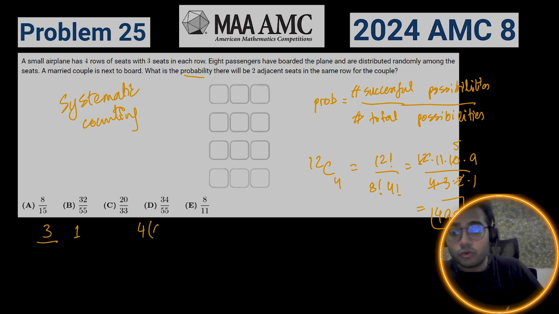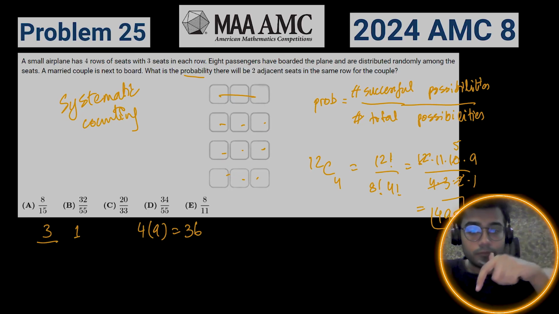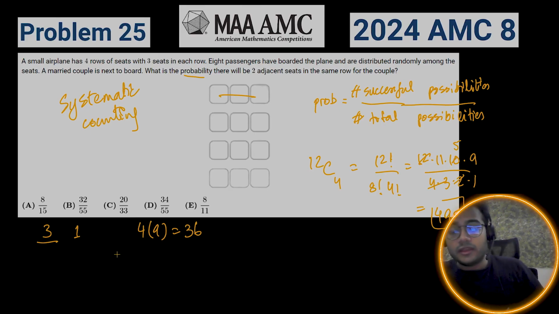So let's say this row was chosen, and the last seat can be any one of these 9, and each of them will give you a different possibility. So it's 9 for each one of those rows. So 4 times 9 is 36. Okay, now that's one. Now what else?